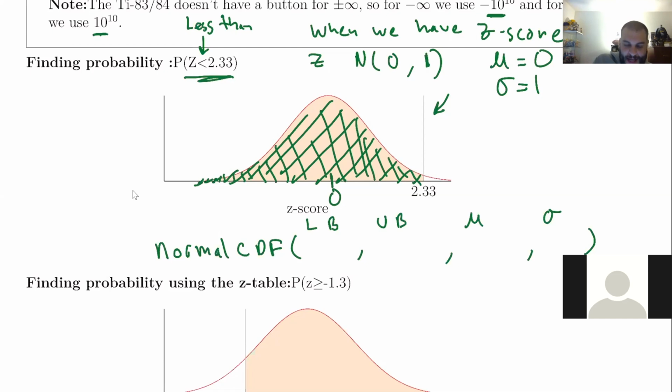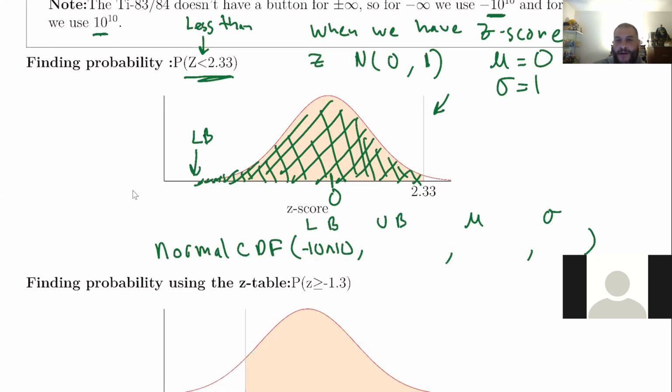In this case, my lower bound doesn't stop. It keeps going theoretically all the way to negative infinity. So for my lower bound, we're going to put negative 10 to the 10 power. And that's your lower bound.